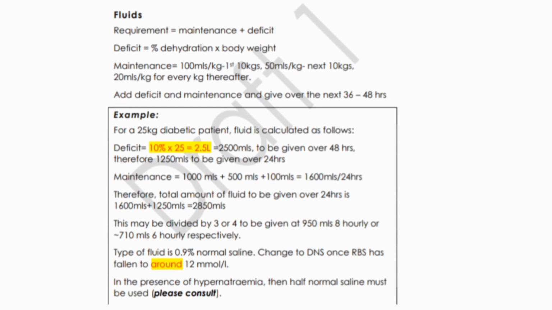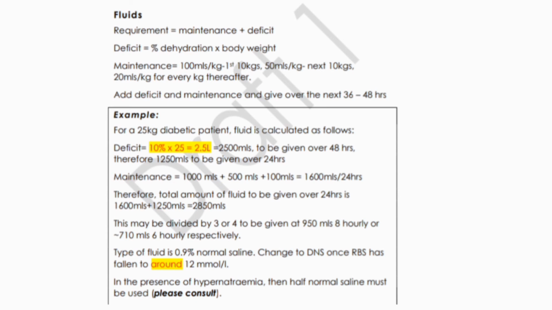Then 2.5 is not in mils, it's in liters. So that's where the 2.5 liters was coming from, which is equal to 2500 mils, and should be given over 48 hours. So what we do, we get half of that, which is 1250, and we give it over 24 hours.